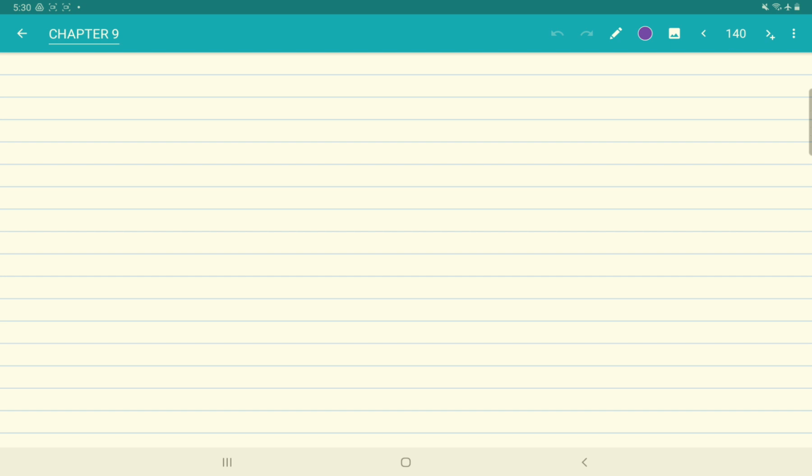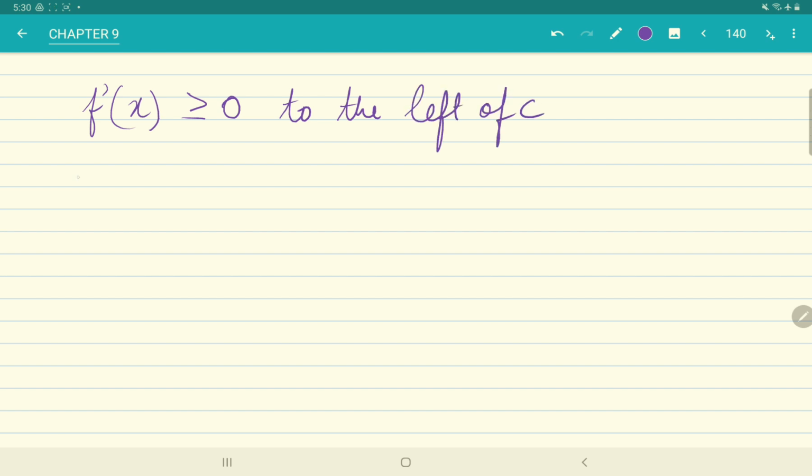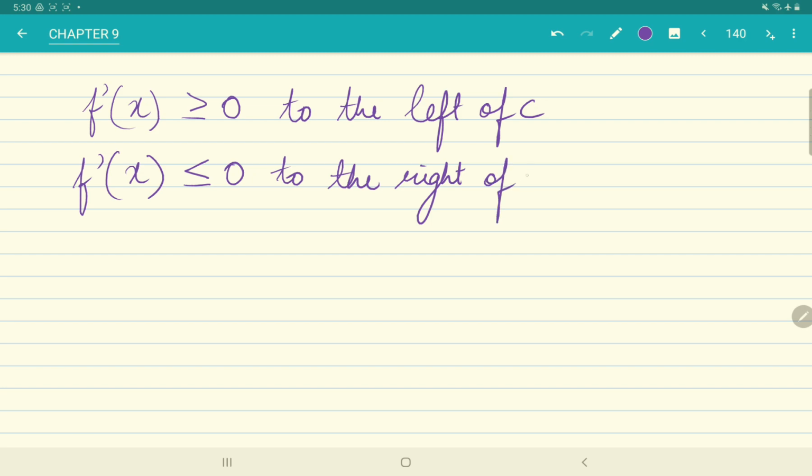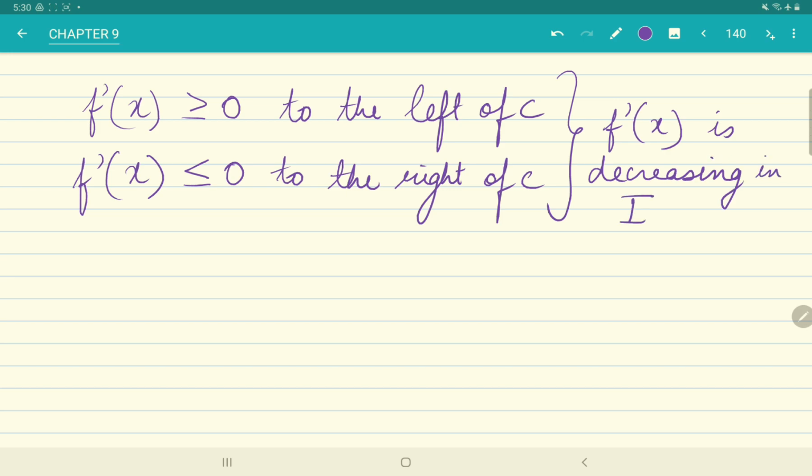So given all this, I can now write f prime x greater than or equal to 0 to the left of C, f prime x less than or equal to 0 to the right of C. This is precisely because f prime x is decreasing in the interval, and at C, f prime C is 0.